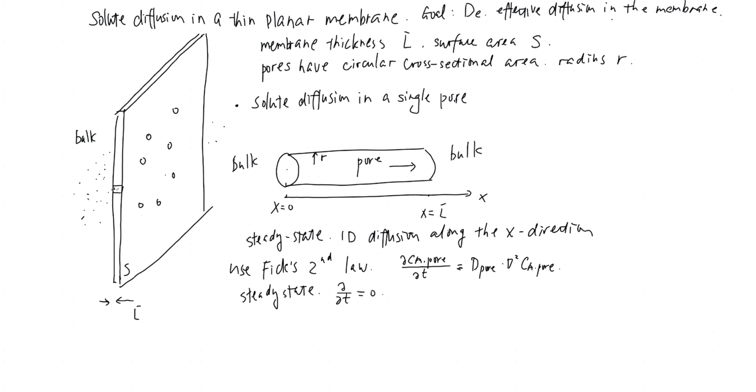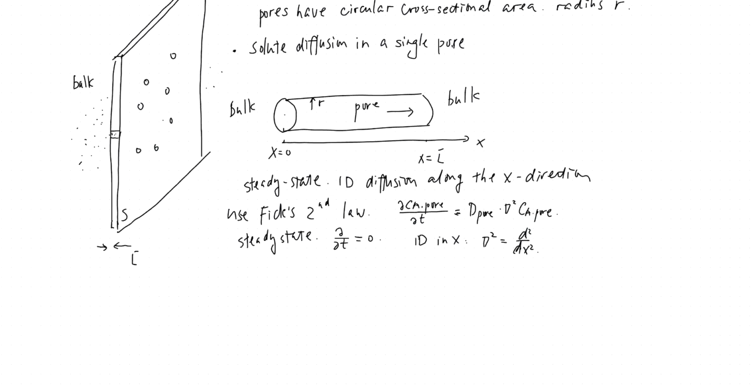And it's also one-dimensional in x, which means the Laplacian becomes d squared dx squared. So with this, our governing equation becomes d squared CA dx squared equal to 0.